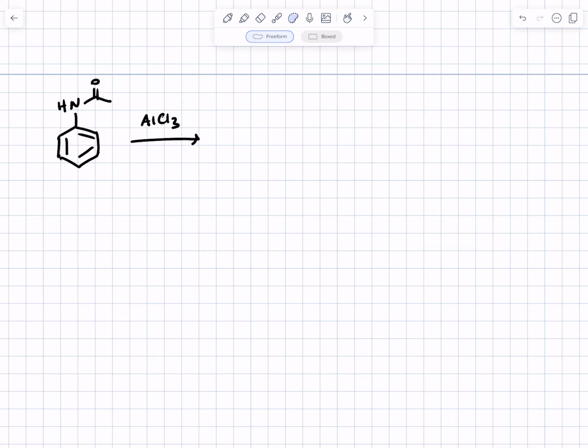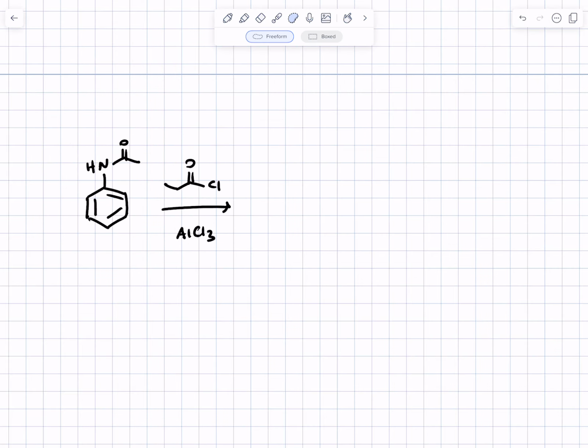And we're going to do a Friedel-Crafts reaction, and it looks like it's a Friedel-Crafts acylation. All right, so first thing you've got to do is decide the group that's already on the ring. What kind of group is it? So you tell me, what kind of group is that?